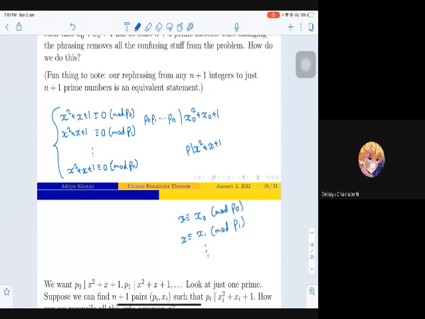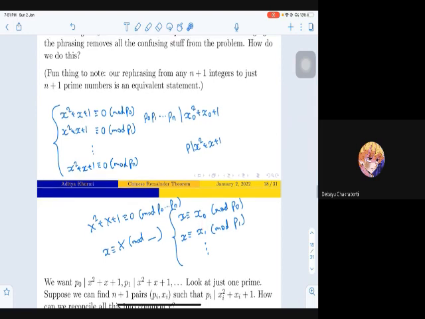Once you have this system, you can combine it and get x congruent to some x mod the product. And this x would satisfy x squared plus x plus 1 congruent to 0 mod the product p0 till pn. So we basically want to find a solution modulo each prime.